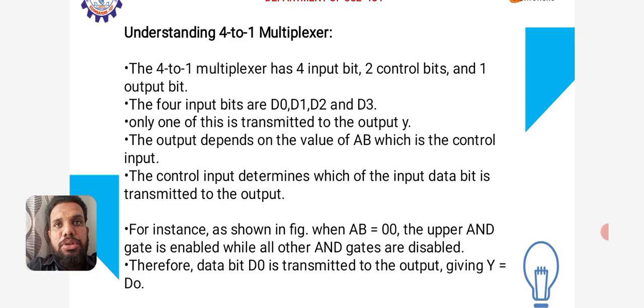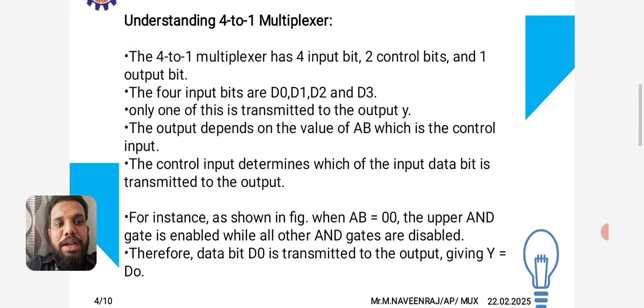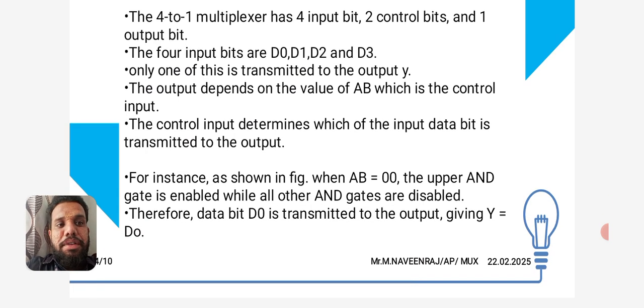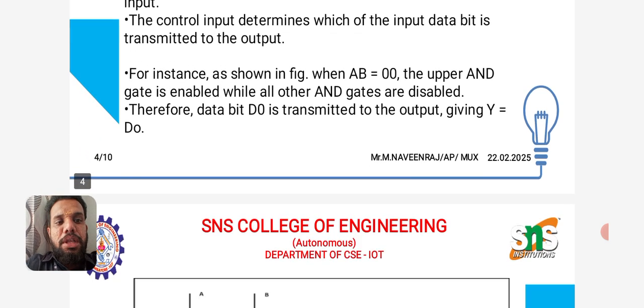There are many signals waiting, but only the control signal can decide which input is selected for the output. For instance, when AB equals 0 0, both control bits are 0, the upper AND gate is enabled while the other AND gates are disabled. Therefore, the data bit D0, the first input, is transmitted to the output.